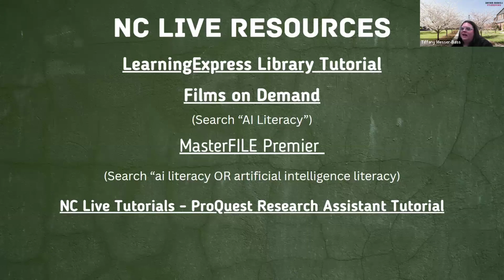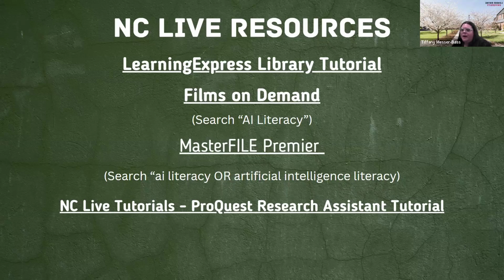And finally, I wanted to highlight some NC Live resources. They're so kindly hosting me today, and Devin has worked hard on these tutorials. We'll look at Learning Express and ProQuest Research Assistant. That's probably the one that you're familiar with. And I also just wanted to point out that Films on Demand, if you search AI literacy, I believe gives you about 17 videos that are all a part of that topic.